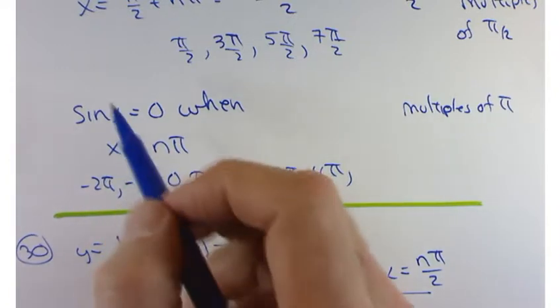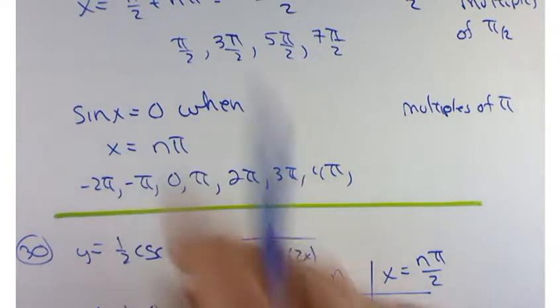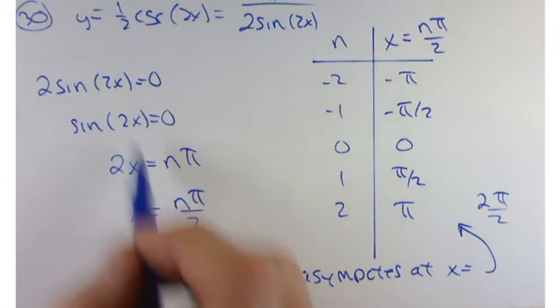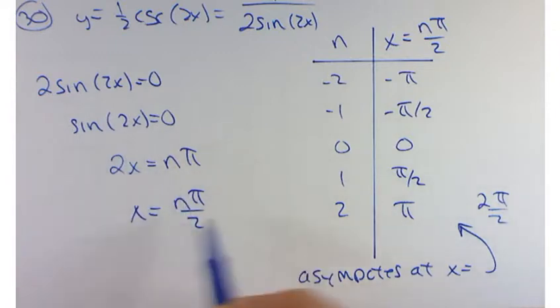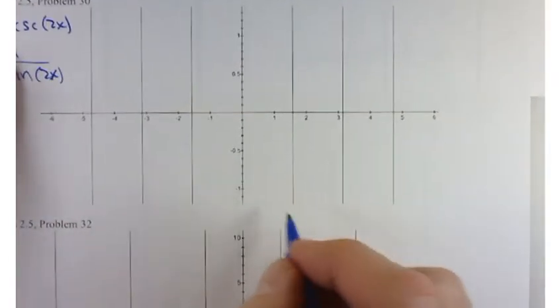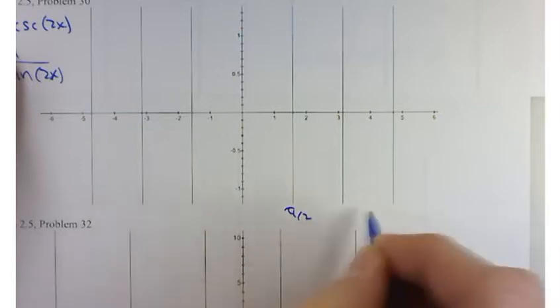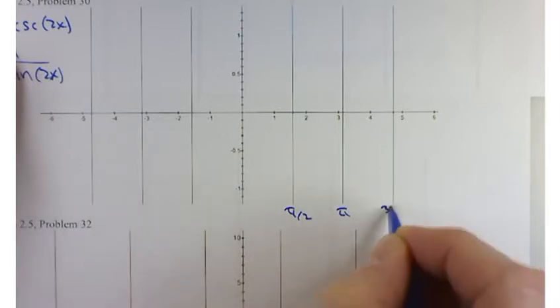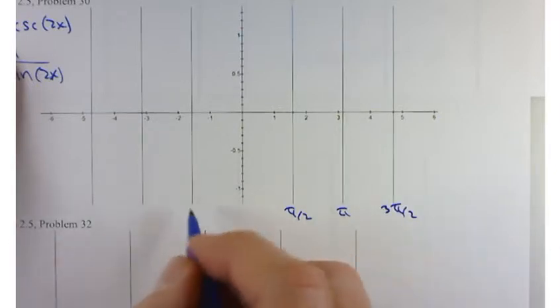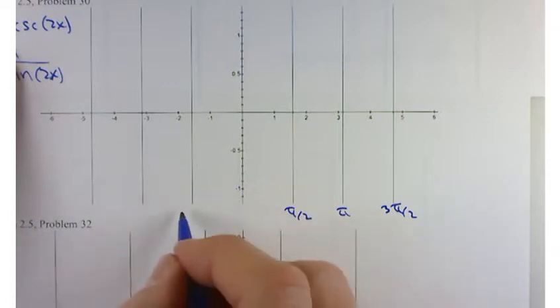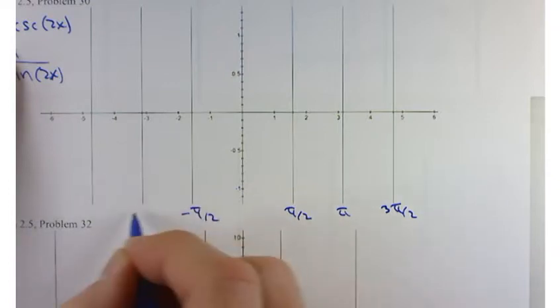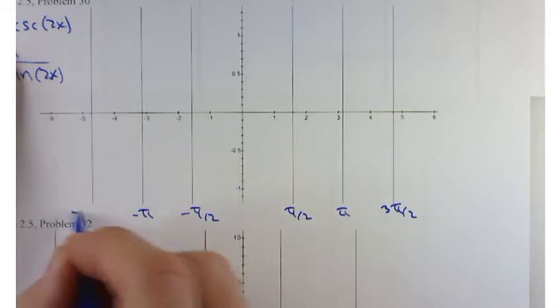So what I did is I took the argument of the sine function, that 2x, set it equal to n pi, and solved. That gave me these points right here: pi over 2, pi, 3 pi over 2, negative pi over 2, negative pi, and so on.